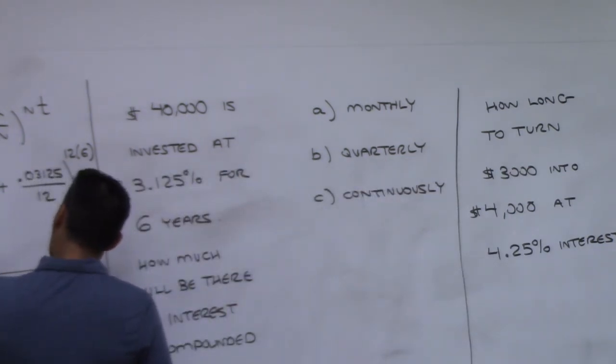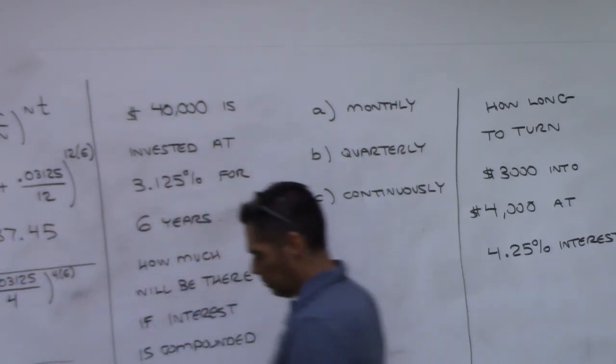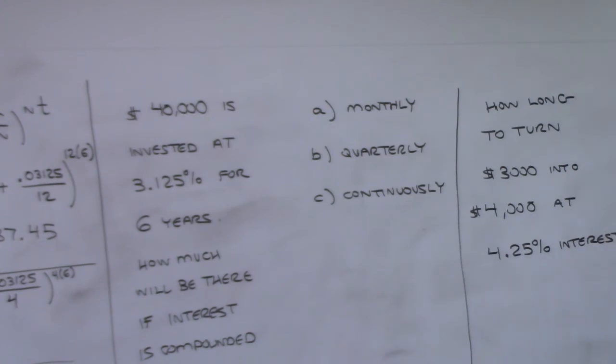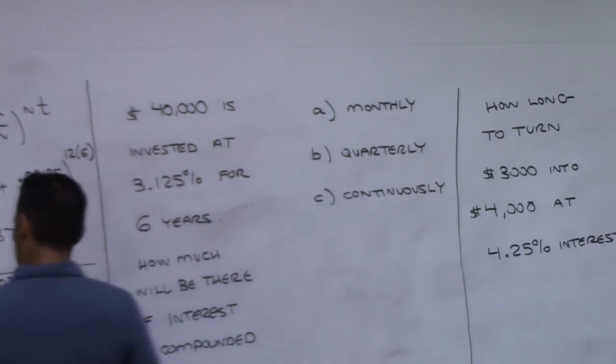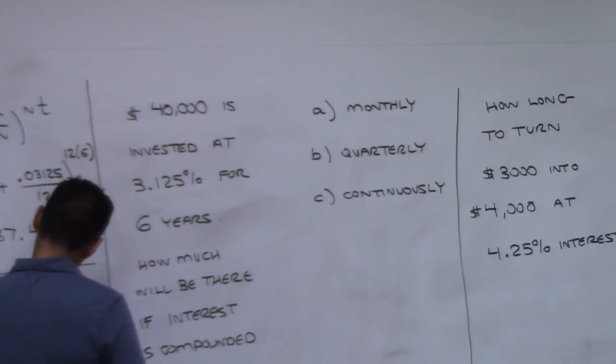Should be getting 48,237.45 here. Here I got 48,214.07.